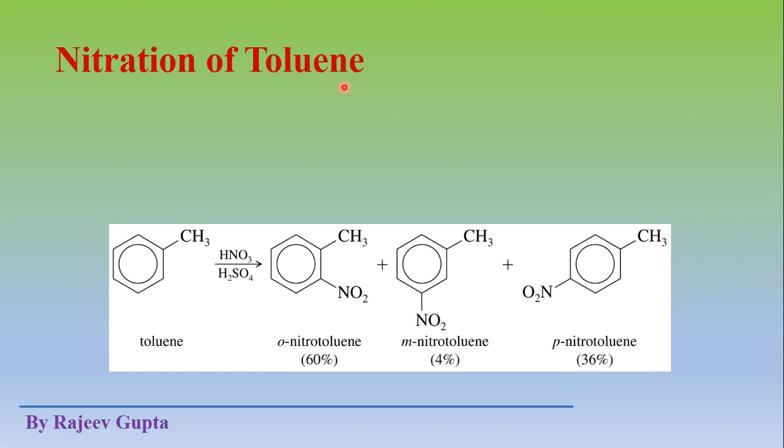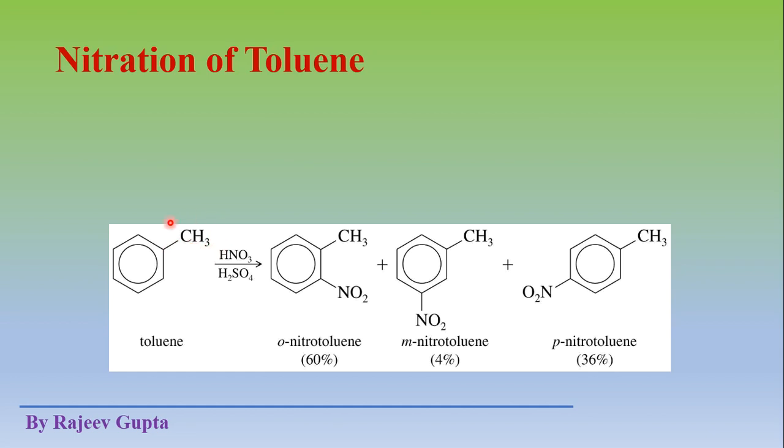Here the toluene is a methyl benzene. It is a substituted benzene, or derivative of benzene, where at one place instead of hydrogen atom a methyl group is present.